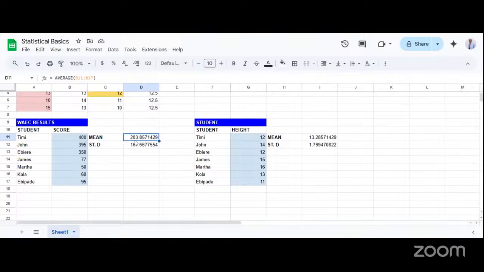Even if the measure of central tendency is trying its best, this is what it looks like. So the school would be told that this is the average of these students, but the majority of them didn't actually perform like this, because the standard deviation is very far from the mean value.